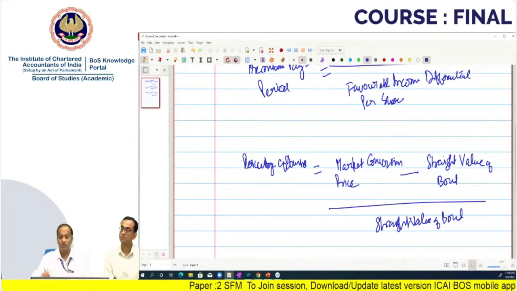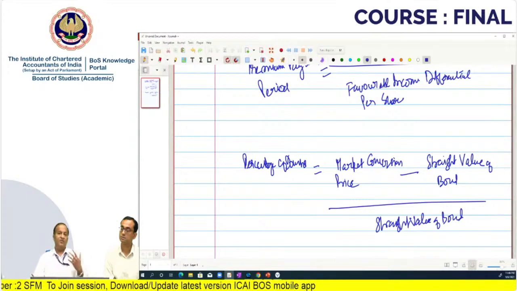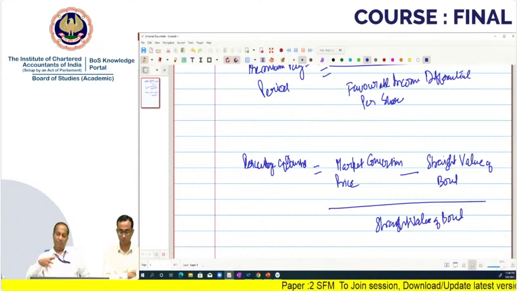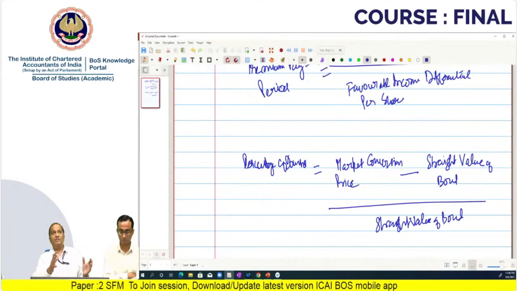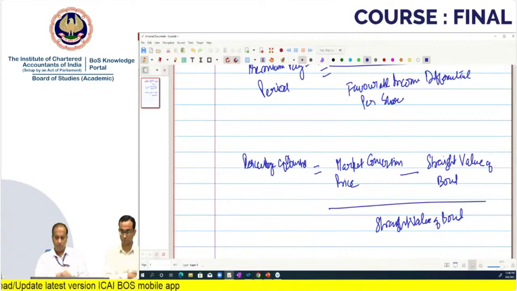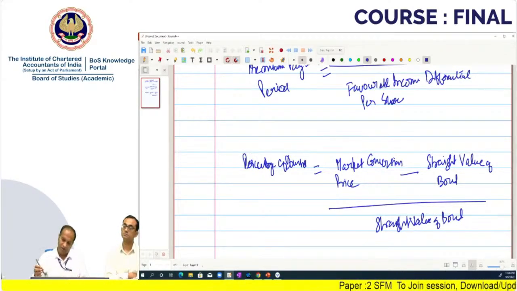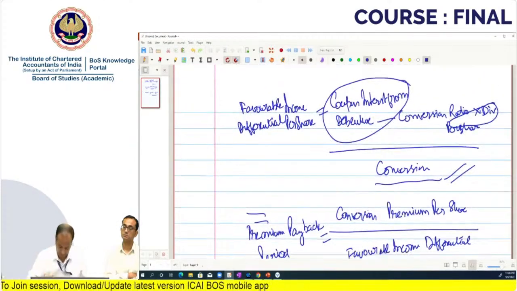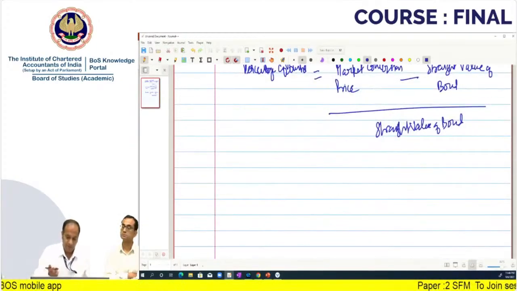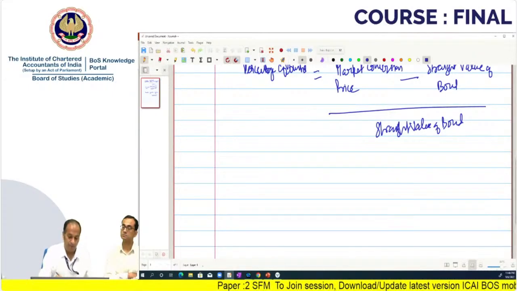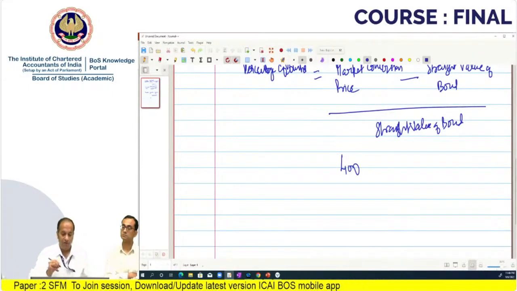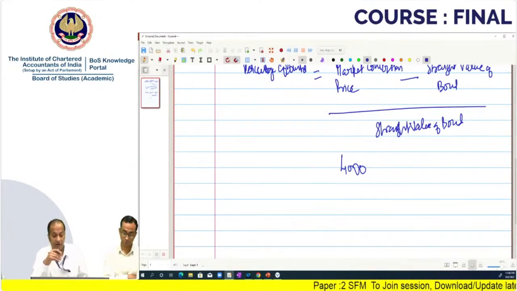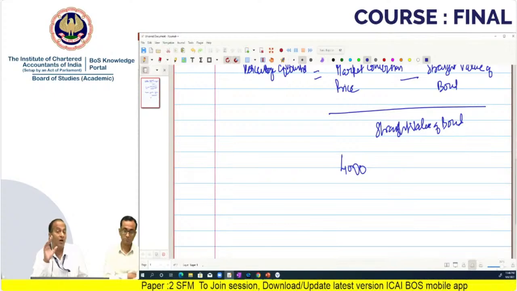Now student, please note, sometimes we may have an apprehension in our mind. I am purchasing this debenture. Continuing our same example, the price was 4,000, and it was convertible into 10 shares.